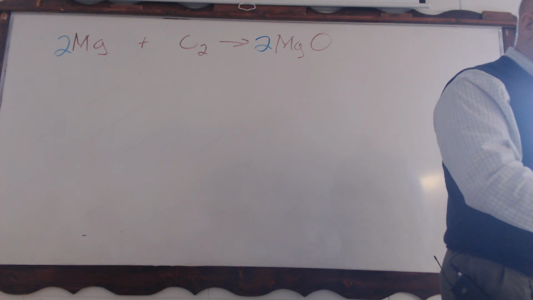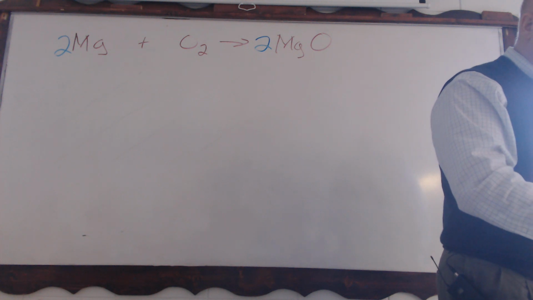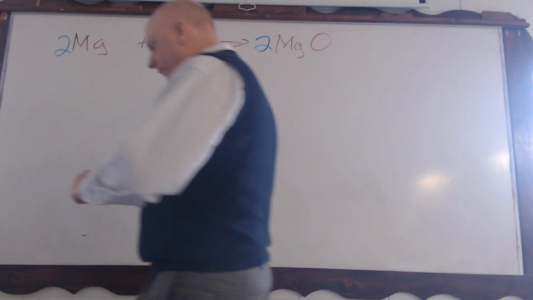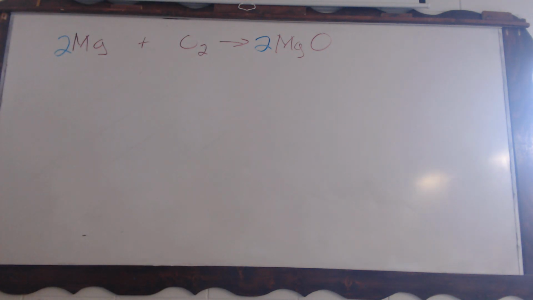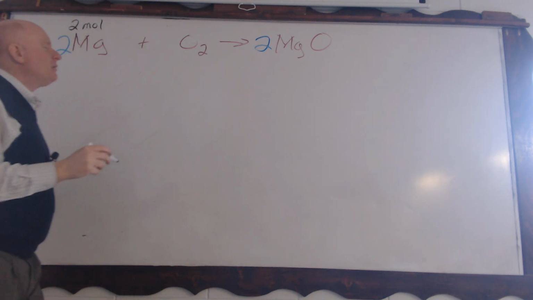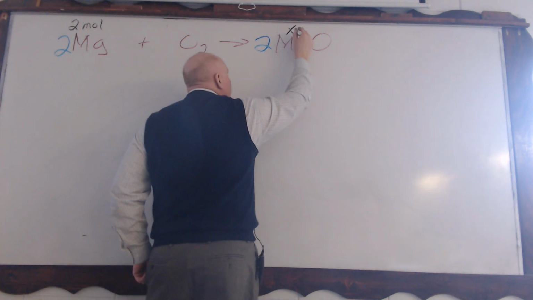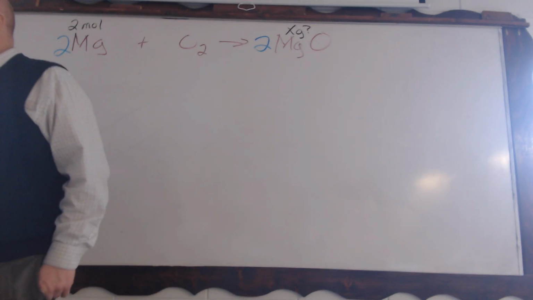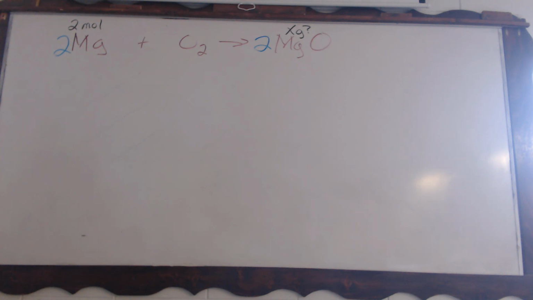Okay, so what mass in grams of magnesium oxide is produced from 2 moles of magnesium? So the only place that we can start is we have 2 moles of this substance. Okay, so how much magnesium oxide can we produce? Well, that's what we're going to move on and solve. Okay, so in your first step, how do we start this problem?